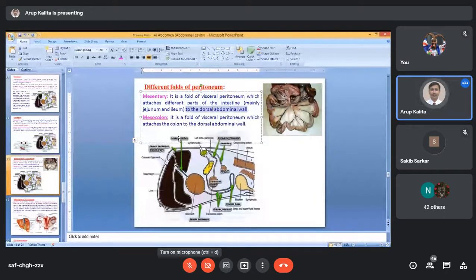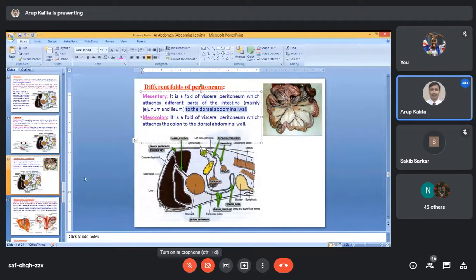Omentum is formed by the visceral peritoneum. Mesentery is also formed by visceral peritoneum. Now, how can you differentiate? The differentiating point is that omentum connects the stomach to the other viscera, whereas mesentery connects the intestine to the dorsal abdominal wall.